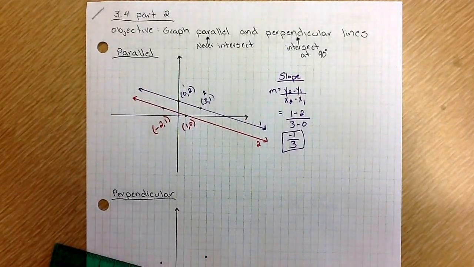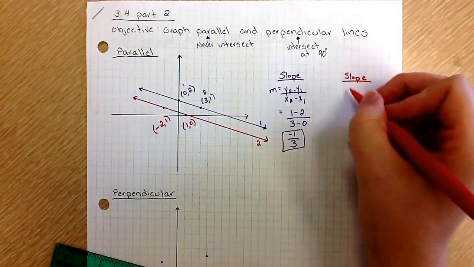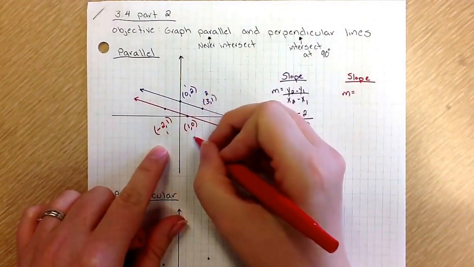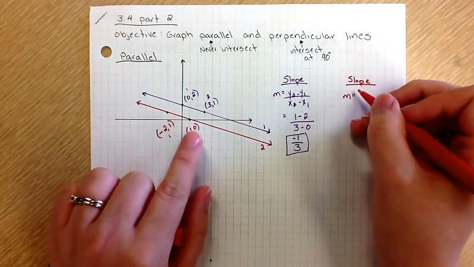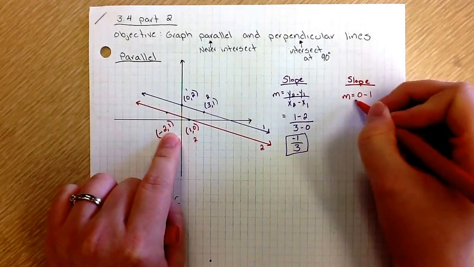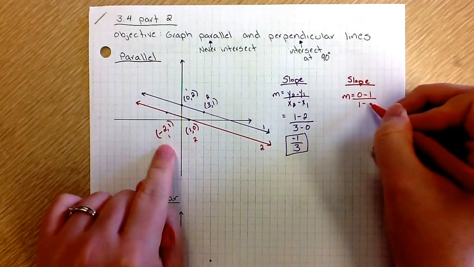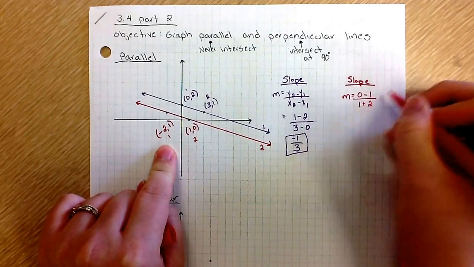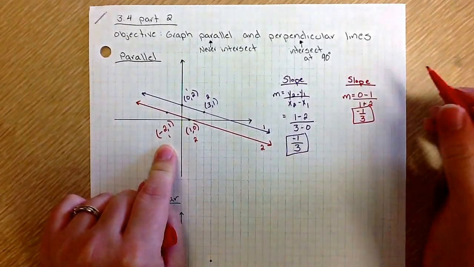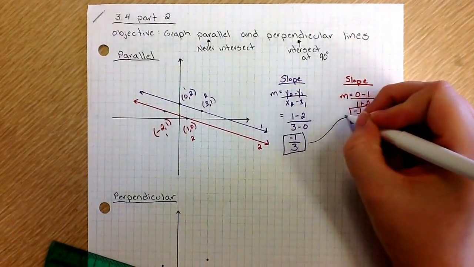Okay, now let's evaluate the slope of my red line, line 2. Let's have this be point 1, this be point 2. So let's take y2, which is 0, subtract y1, which is 1, over x2, sorry, that would be plus 2. So we get -1/3. Okay, if you notice, these 2 slopes are the same.